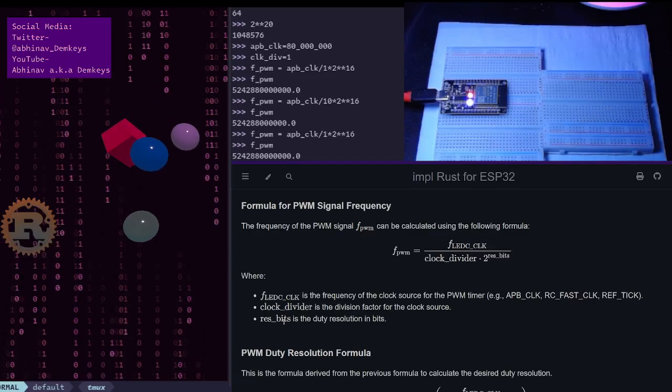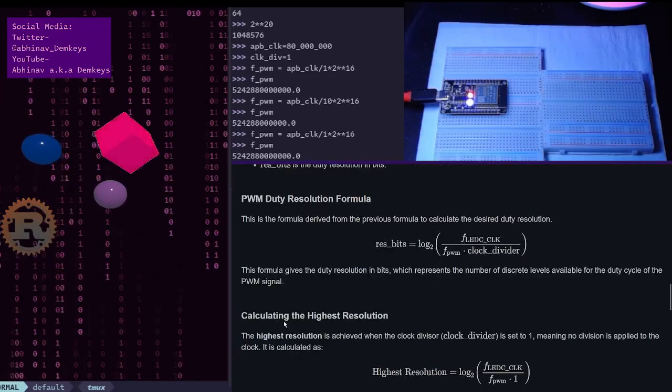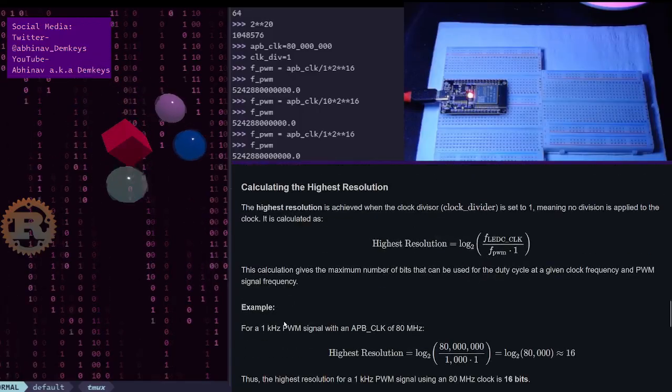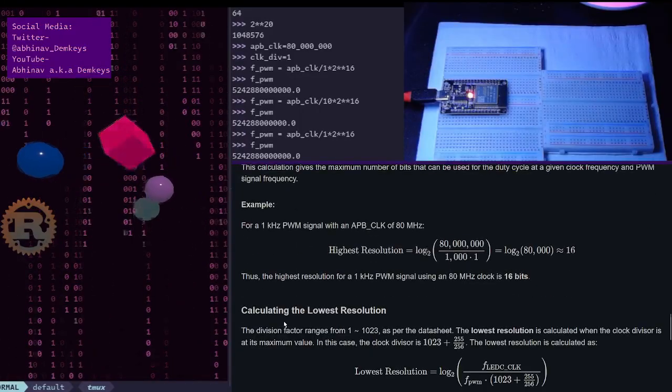Let's continue here, calculating the highest.